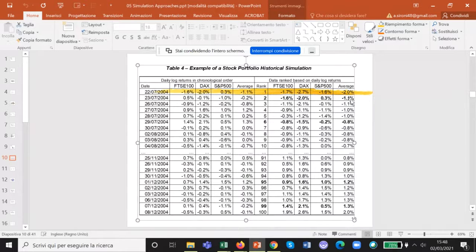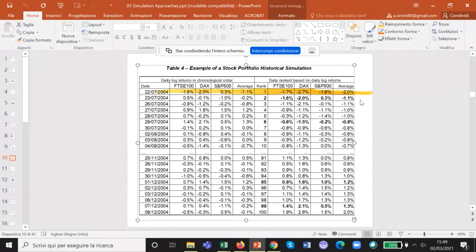This would mean that if you use minus 1.1% times the value of your portfolio, this is value at risk with 99% confidence level. Why? Because you would lose more than that just one time over 100, okay? And same if you have a short position.